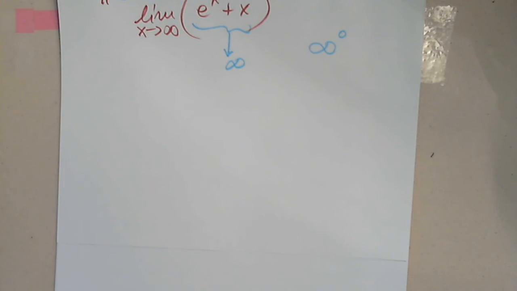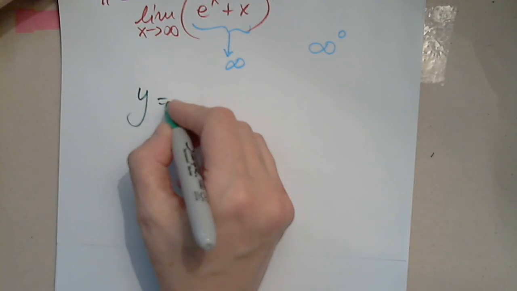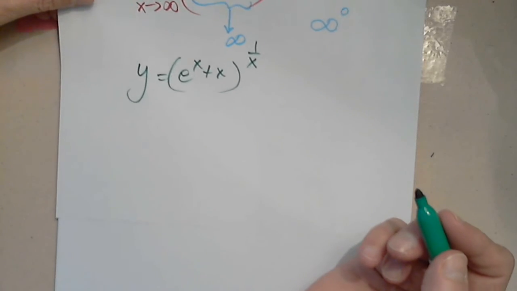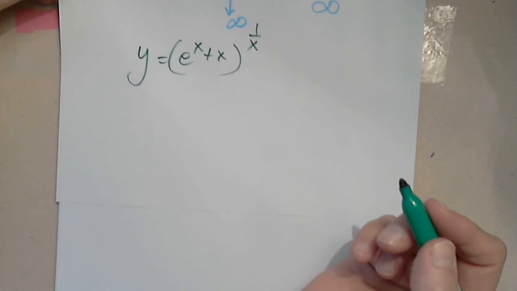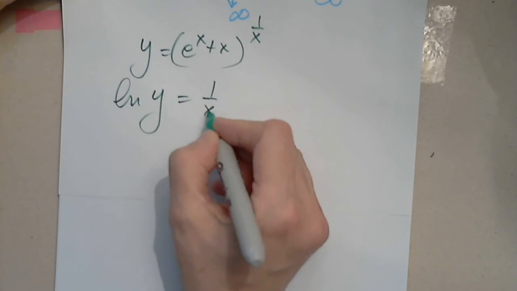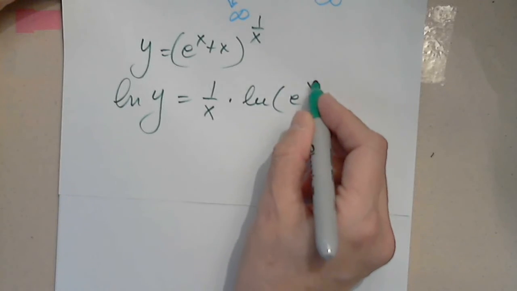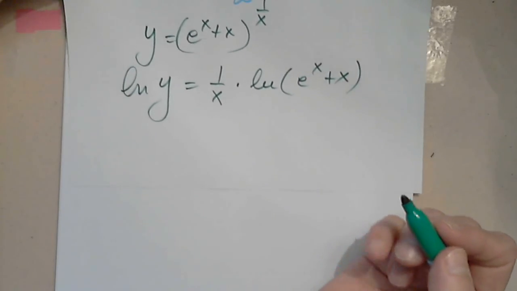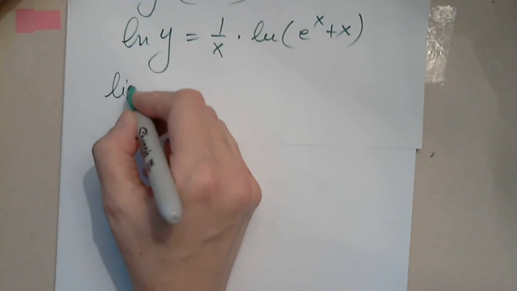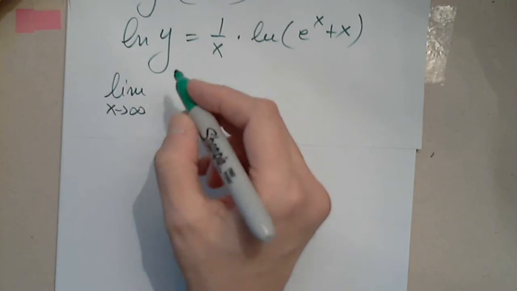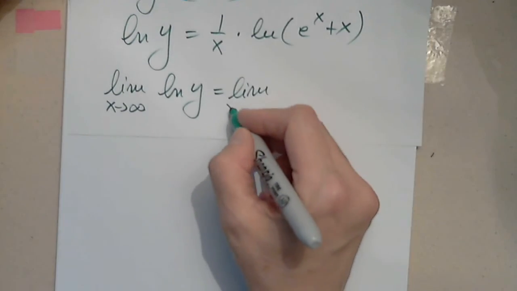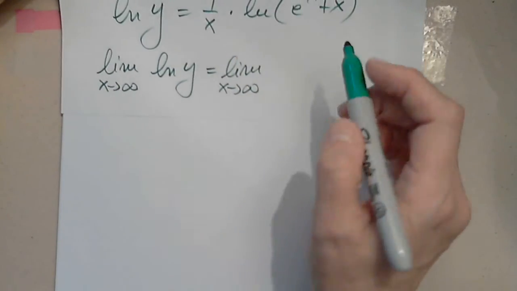The same procedure, step by step. y equals e to the x plus x raised to 1 over x. We apply natural log. And then we apply the limit to both sides as x approaches infinity. So the limit as x approaches infinity of natural log y equals the limit as x approaches infinity of this ratio.